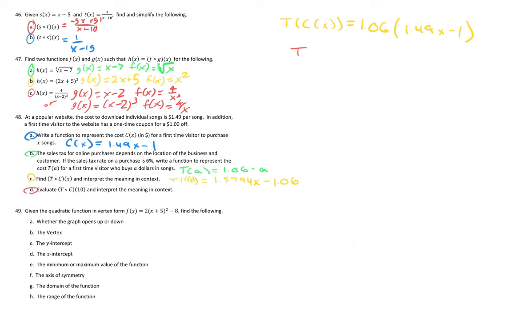So evaluate T of C of 10 and interpret the meaning in context. T of C of 10 is going to equal 1.5794 times 10, then minus 1.06. If we plug that in, we should get 14.73, which means that the total cost to buy 10 songs is $14.73.